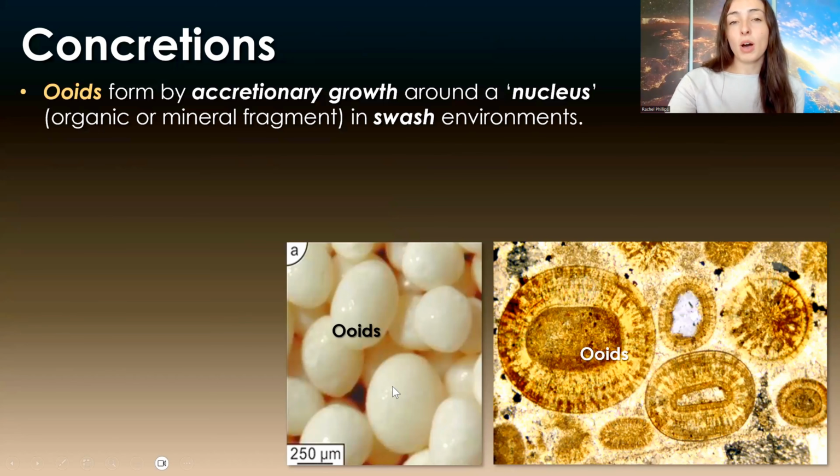And because of this polishing mechanism, they almost look like pearls, but they're not. These are formed completely abiotically. Of course, they might form around something that was organic or biological, but the formation of the round spherical structure that is an ooid or a peloid is completely abiotic.